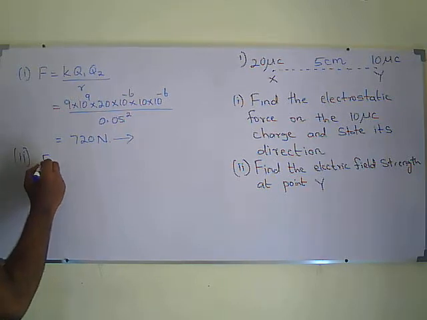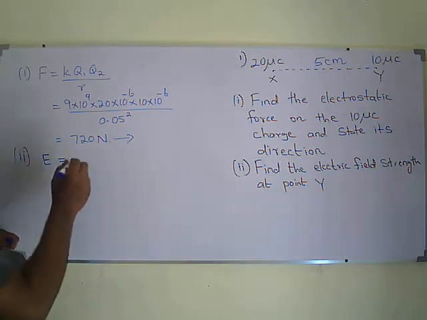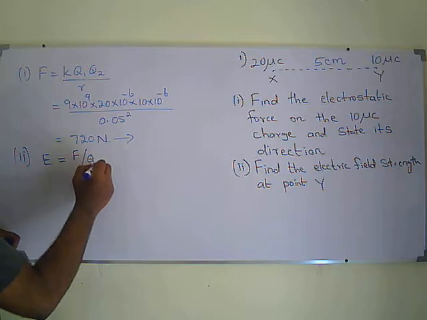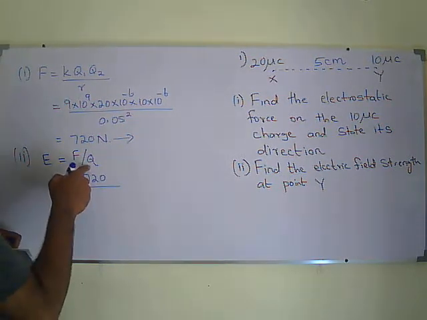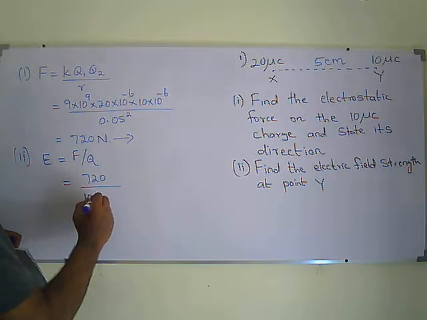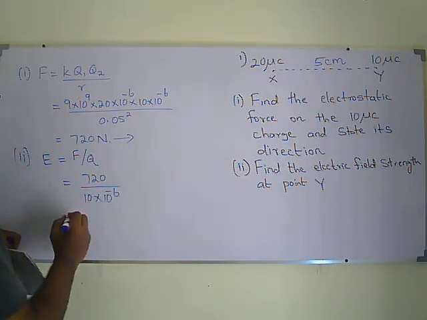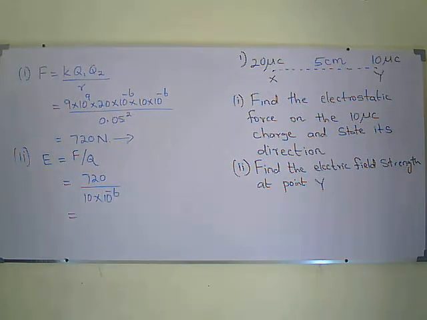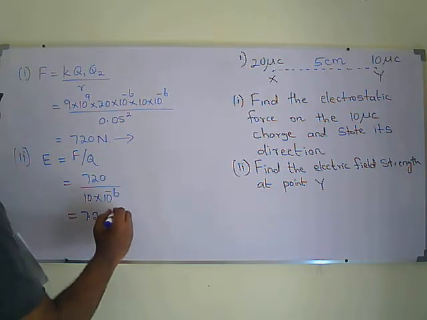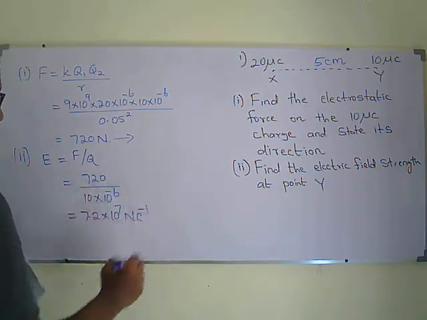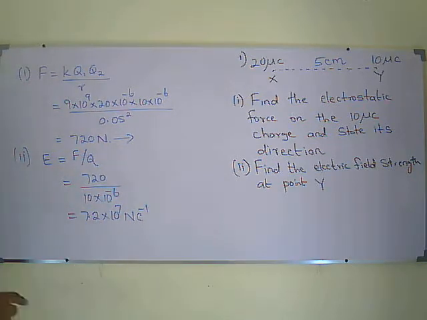So the electric field strength at Y is F over Q, 720 divided by 10 times 10 to the power minus 6. You will get 7.2 times 10 to the power 7 Newton per coulomb, or 72 times 10 to the power 6 Newton per coulomb. That's the answer for the first question.